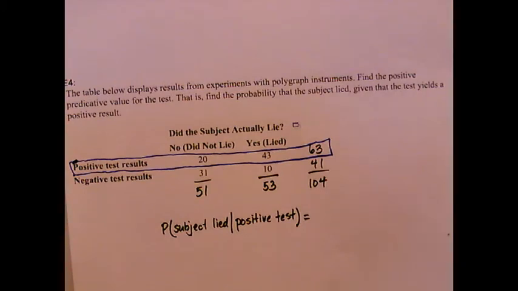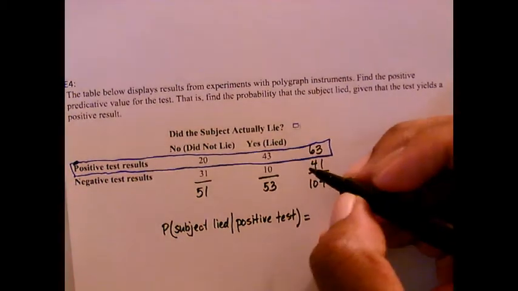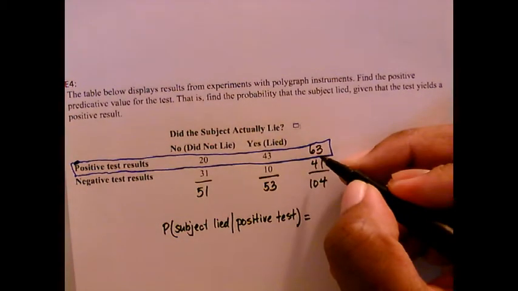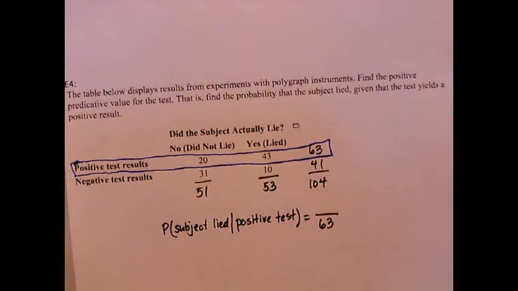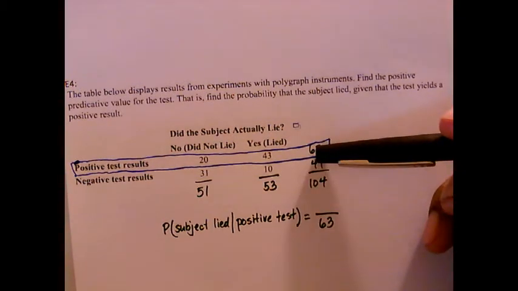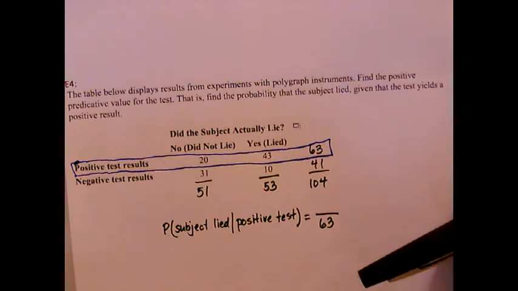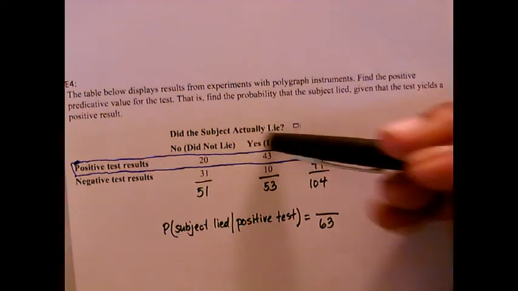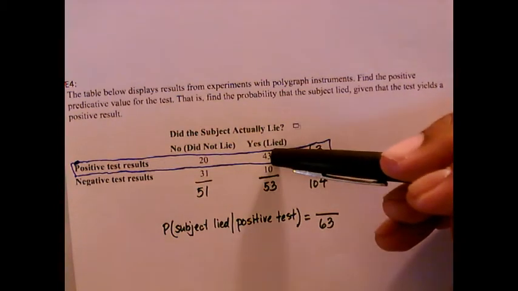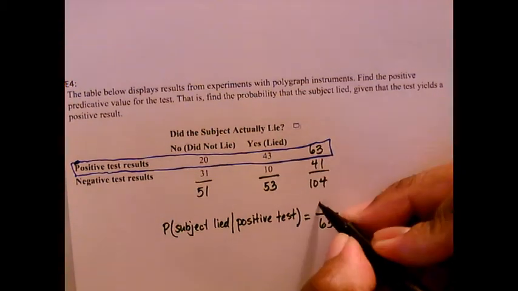Now, the total number of positive test results was 63. So that 63 would be my denominator. And out of those 63, how many lied? How many subjects lied? In this case, it's 43.